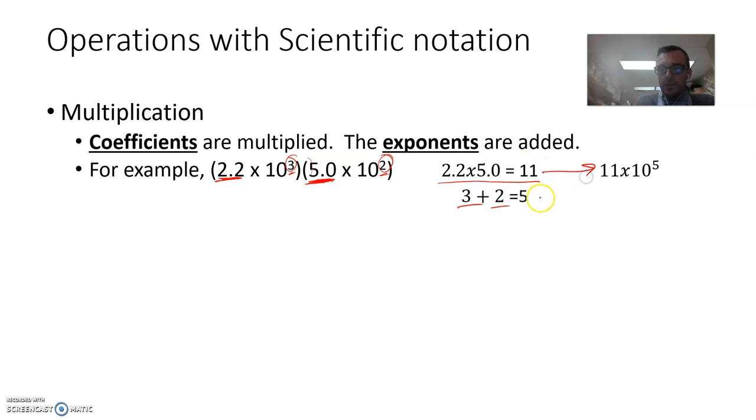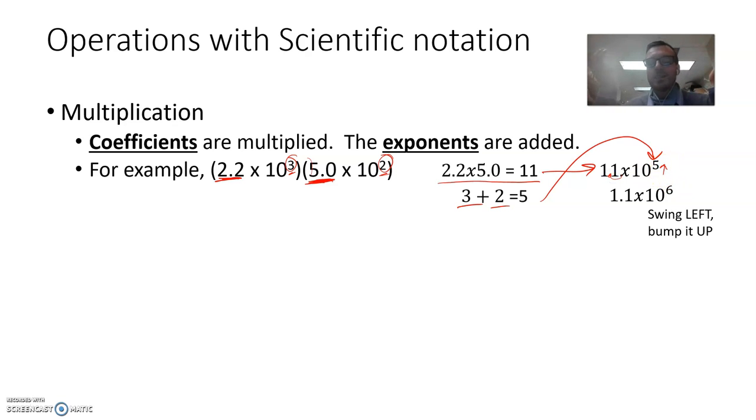And so what's our final answer here? It's going to be 11 times 10 to the 5th power. All right, so you can just go ahead and type in your calculator and check the answer. Your calculator might show it in proper scientific notation, which is 1.1 times 10 to the 6. All right. The rule there is if you need to swing the decimal place to the left, then you got to bump up your exponent by 1.